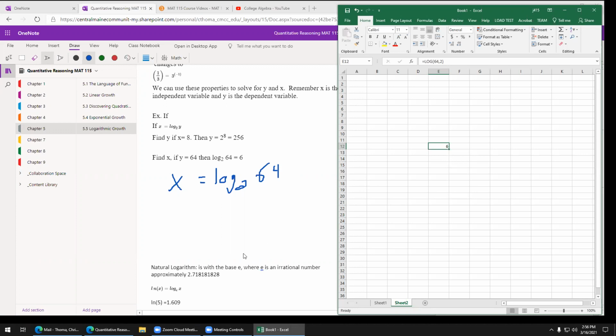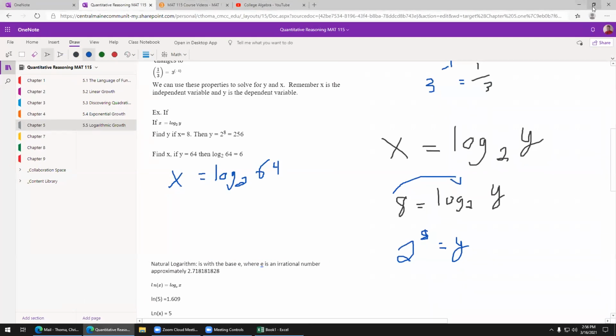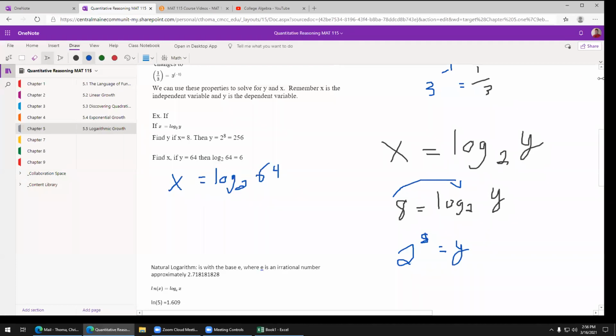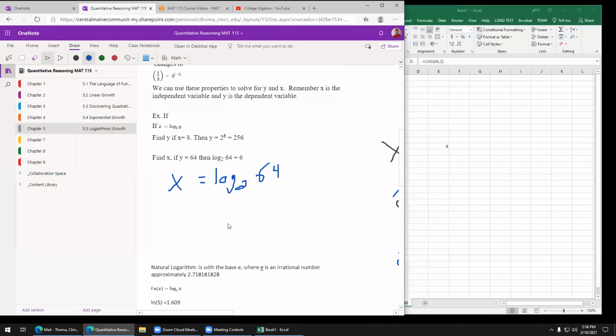But if I rewrite this using exponential, trying to bring this over so you can see both. There we go. So if I move things around, this is my base 2, x is my exponent, so it becomes 2 to the x equals 64. I know by using Excel the answer is 6, and if I put 2 to the 6th power, I also get 64.